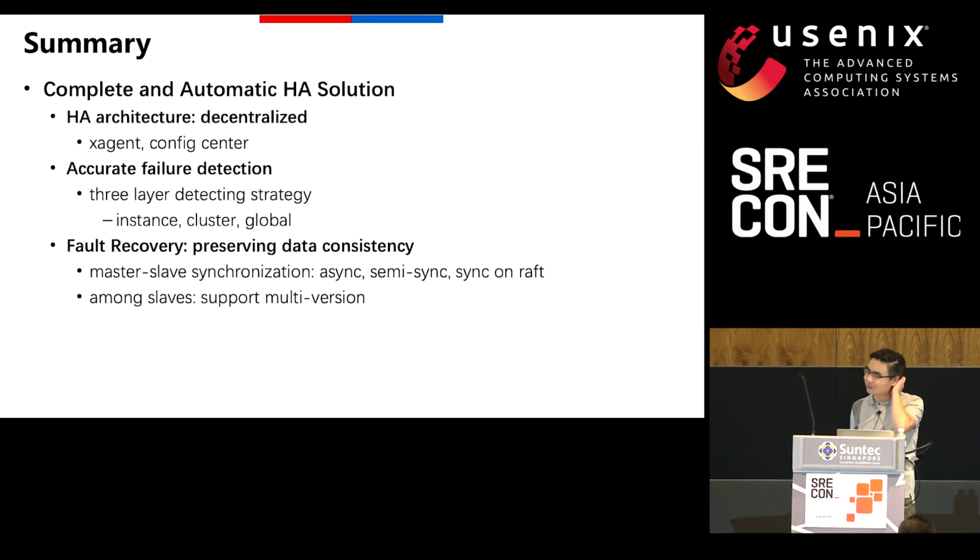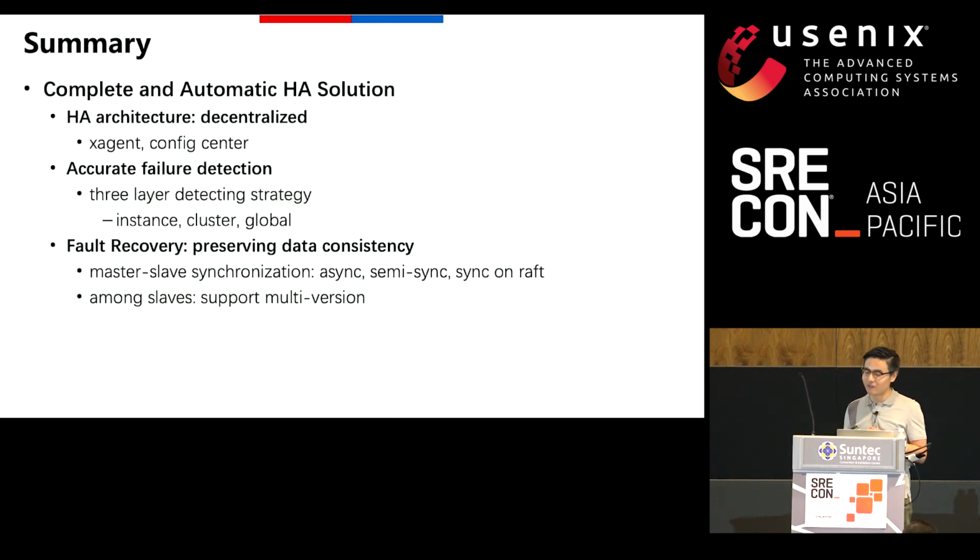Okay, I'll make a summary for today's topic. We mainly introduced the complete and automatic HA solution for large-scale database systems in Baidu, including 3 points. The decentralized architecture, which is easy to manage and highly scalable.